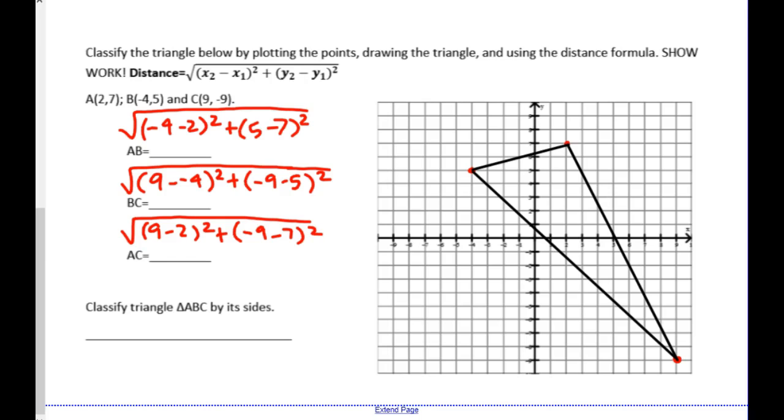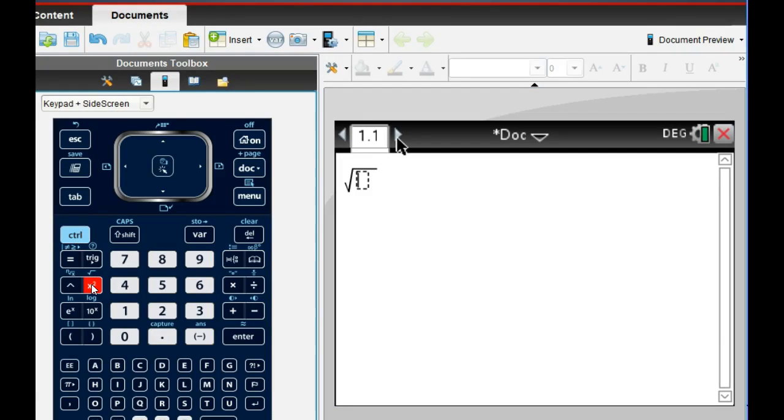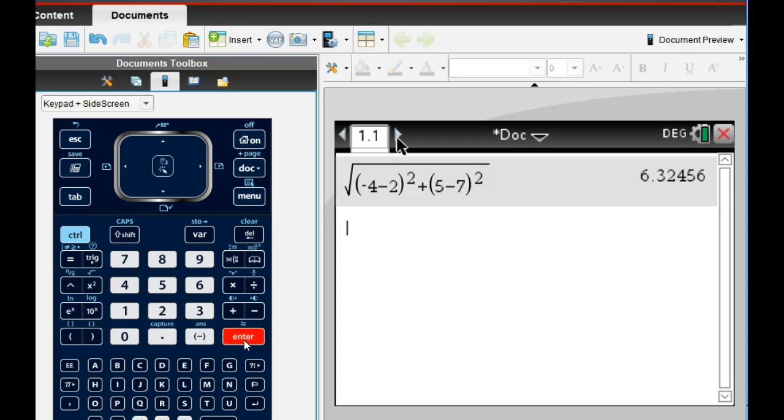We want to be able to type these into our calculator. So we're at a blank page here. Square root, parentheses, negative 4 minus 2 parentheses squared plus 5 minus 7 squared. Okay, so AB is going to be 6.32. 9 minus negative 4 squared plus negative 9 minus 5 squared.